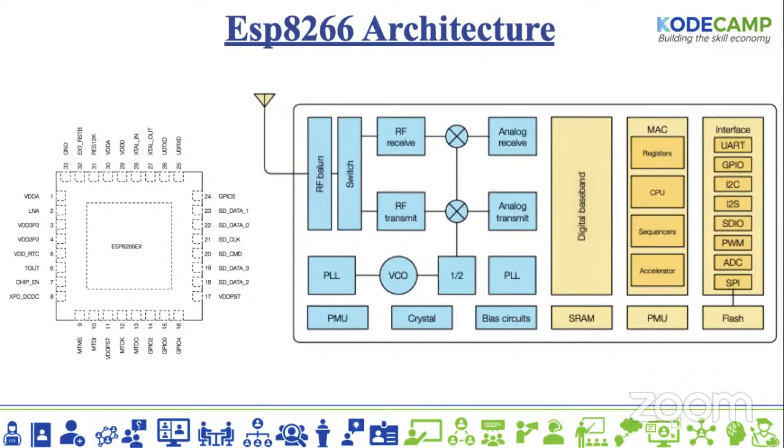It's an input/output pin anyway, which can be used for deep sleep wake up, and it can somehow be connected to GPIO 16. So it somehow works with GPIO 16.